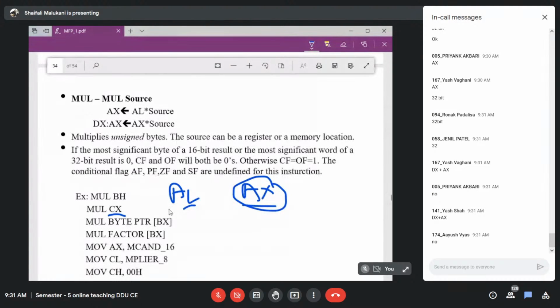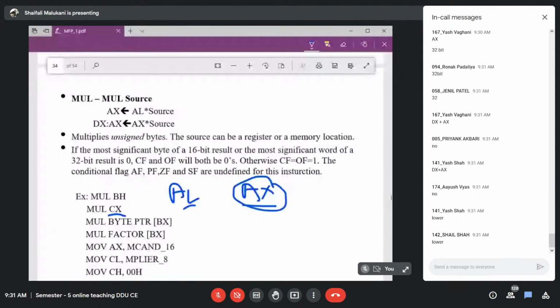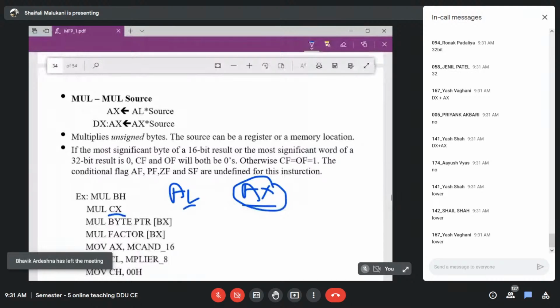So what will we take? We will use DX and AX. I told you just a few minutes back that DX and AX are used together as a single register, right? So out of that 32-bit result, what will AX store, the lower 16 bits or higher 16 bits? Lower 16 bits. And DX will store the most significant, higher 16 bits.